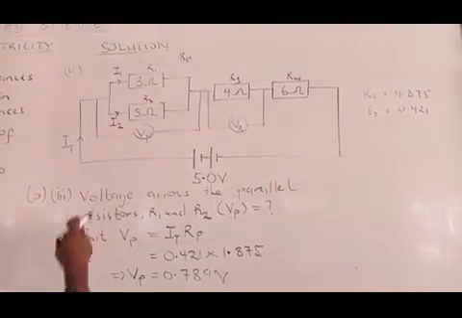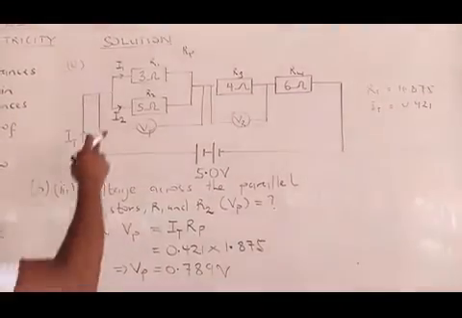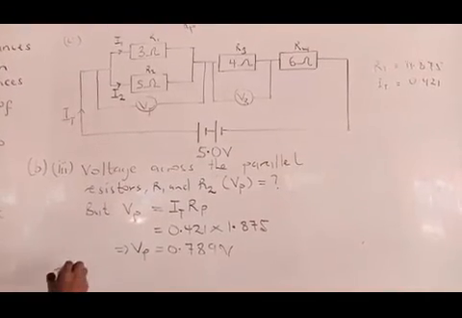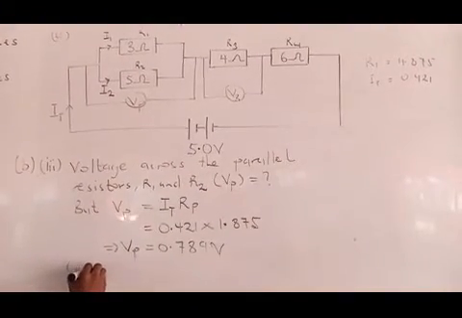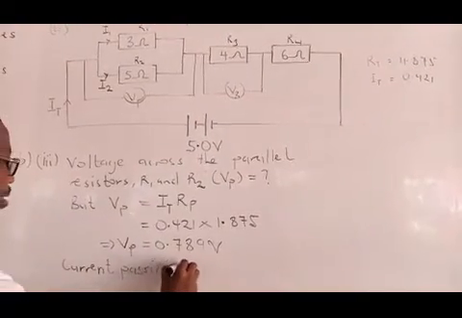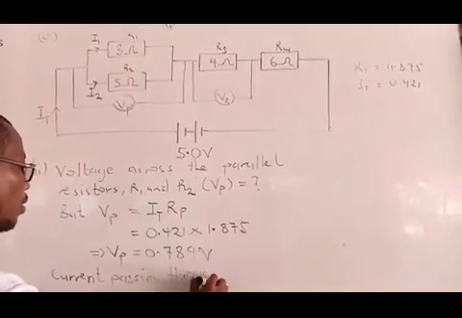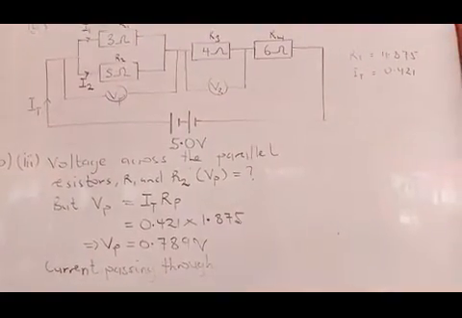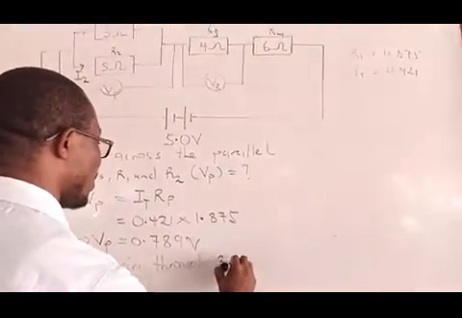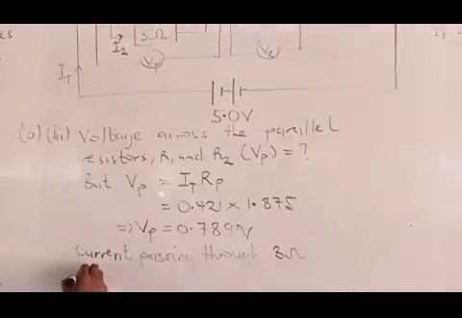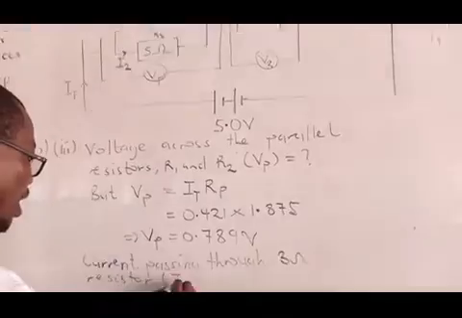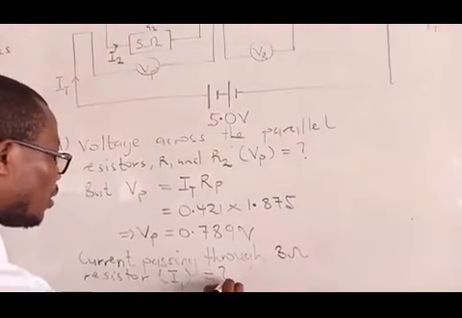So we now look at the current flowing through each of the parallel resistors. So current passing through the 3 ohm resistor. That is what you labeled as I1.